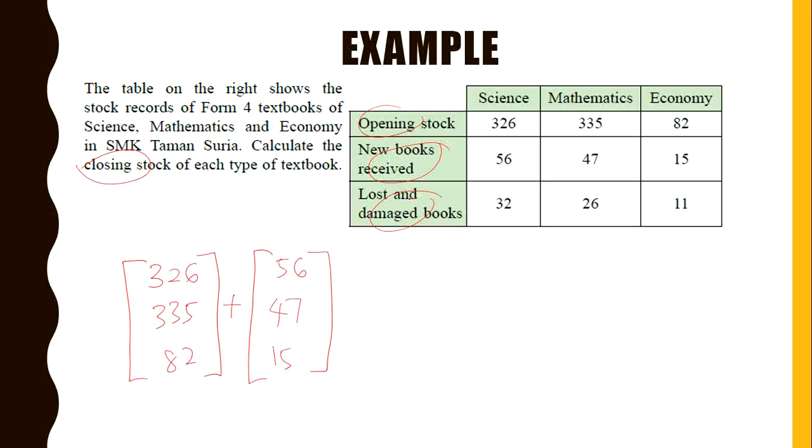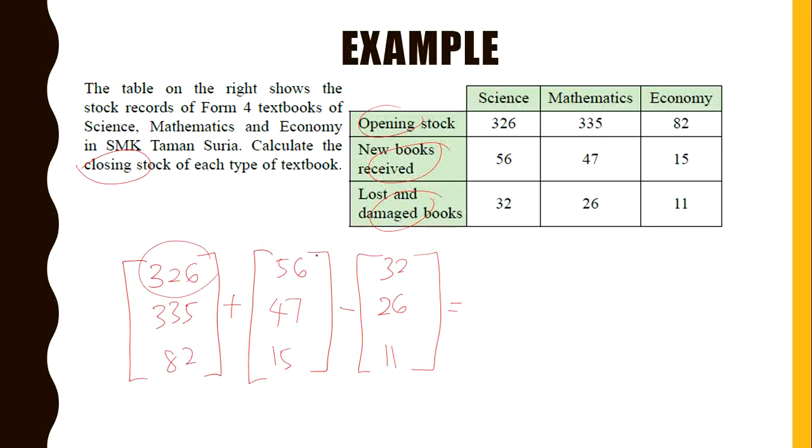Okay, next. Dikira pula buku yang hilang dan buku yang rosak. So bila ada yang hilang, ada yang rosak, dia punya quantity will be decreased, berkurang. So operation dia is subtraction. So kita tolak lah bilangan dia, 32, 26 and 11. Lepas tu kita kira lah macam biasa.